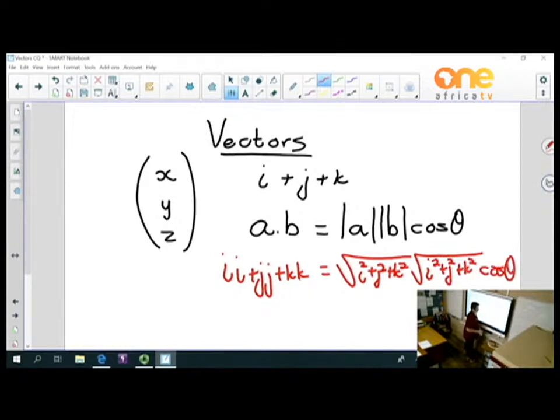And what we actually want to find is theta. So eventually, we're going to say that cosine theta is a dot b over magnitude a, magnitude b. That is what we're going to do.